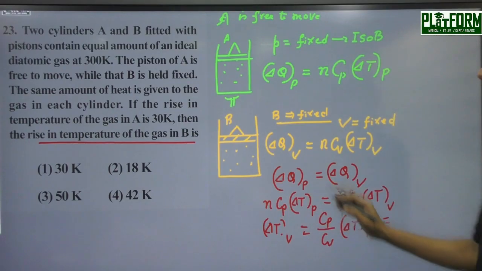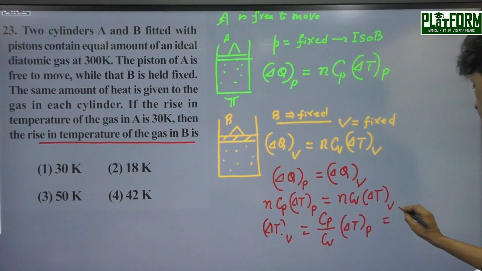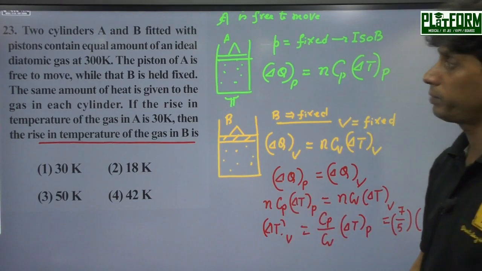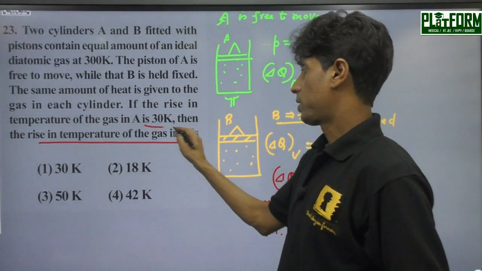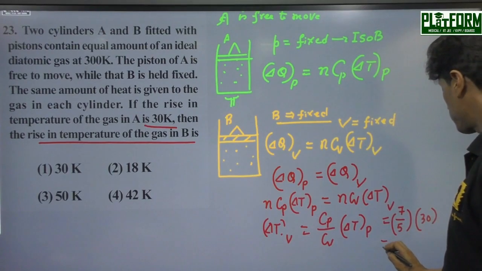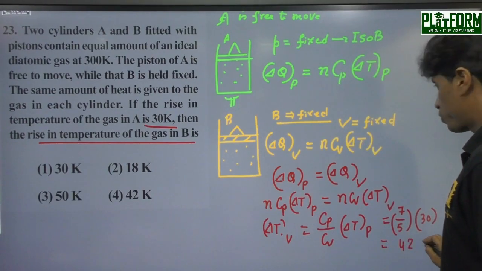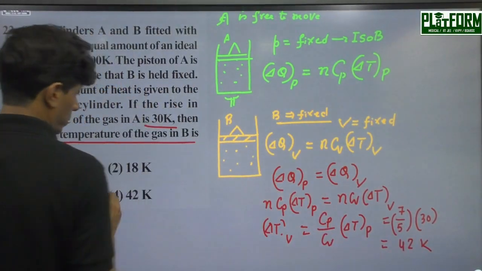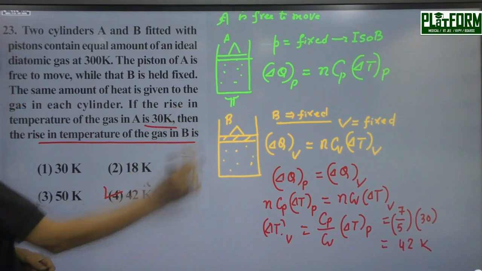Since this is a diatomic gas, the value of Cp by Cv is 7 by 5 and the temperature change given in the problem is 30 K. Finally the answer is 42 K. Right option matches 4.